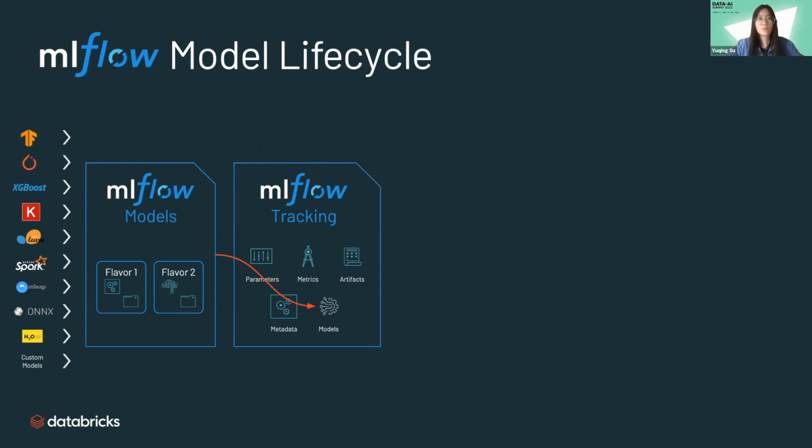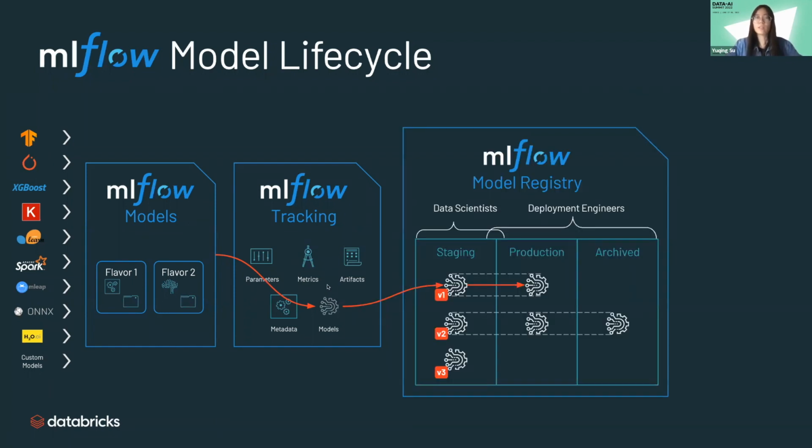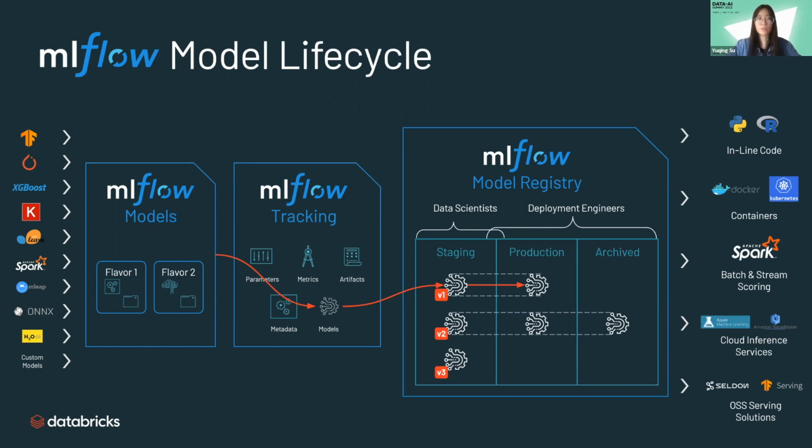We then try to track all the models and any relevant artifacts with MLflow tracking capability. And then we save the models to our centralized model registry, and are able to transition these models between different stages, depending on which version you use. And finally, we can deploy the models for either batch or online inference in different environments.